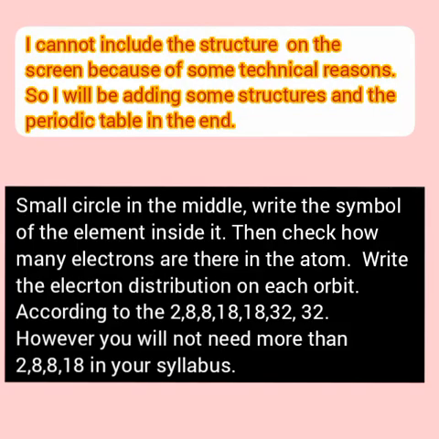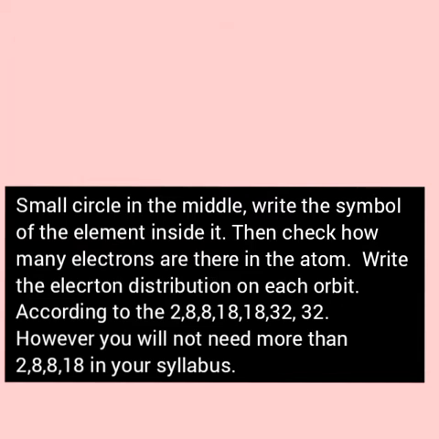Now, how to draw the atomic structure? First make a very small circle. In that circle, you can write the atomic symbol, like Ca, or H for hydrogen, He for helium, etc. Otherwise, after calculating the number of protons and neutrons, you can write them there if you have space.